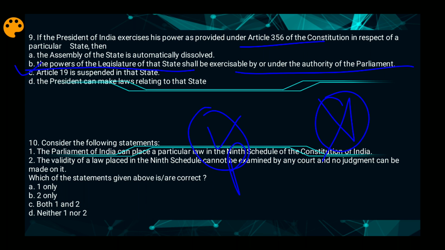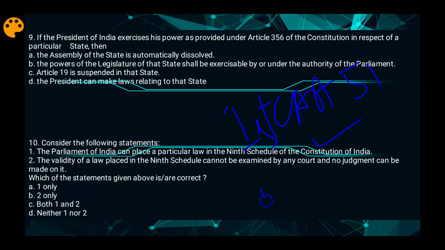Next question, number 10. The Parliament of India can place a particular law in the 9th Schedule of the Indian Constitution. This is absolutely correct. The 9th Schedule was added by the First Constitutional Amendment Act of 1951, and this allowed the government to put any law in this 9th Schedule, which was excluded from judicial review.